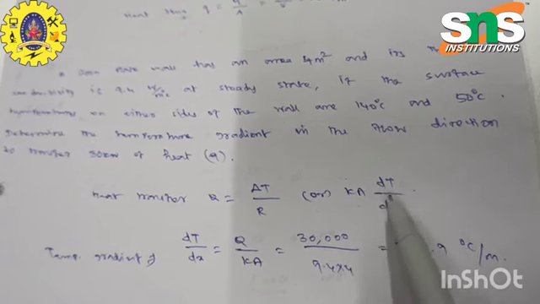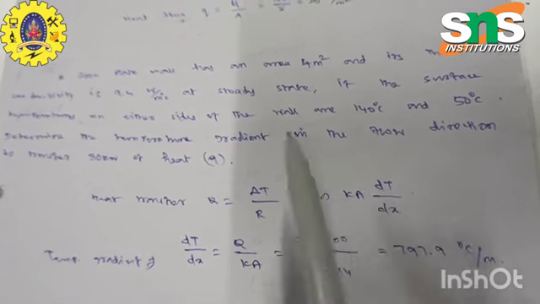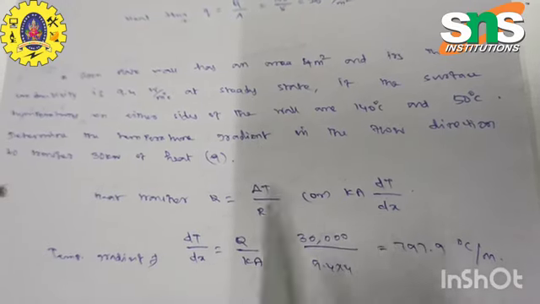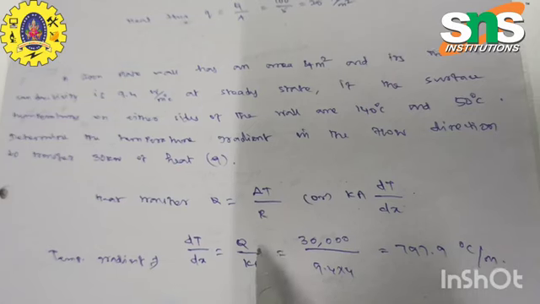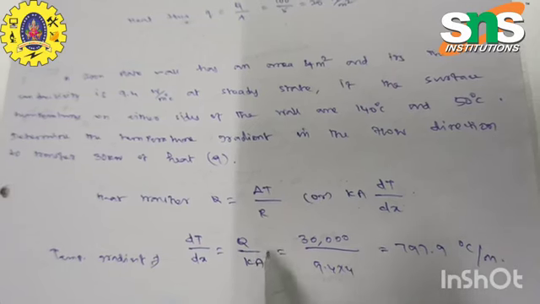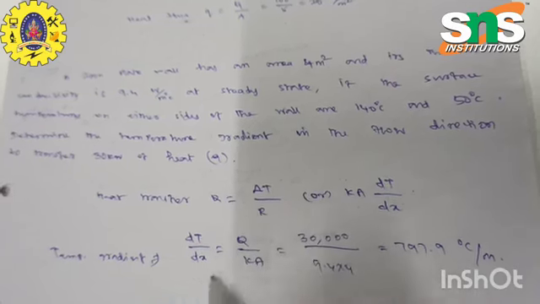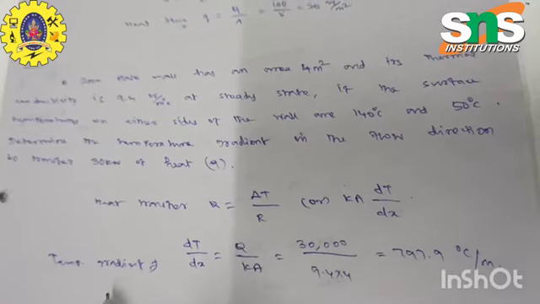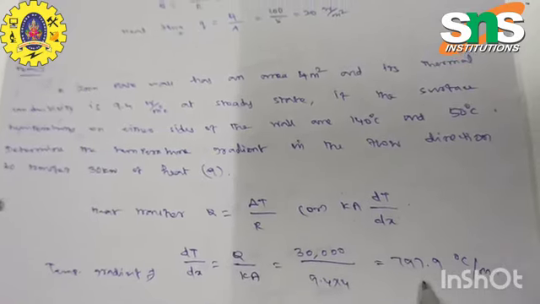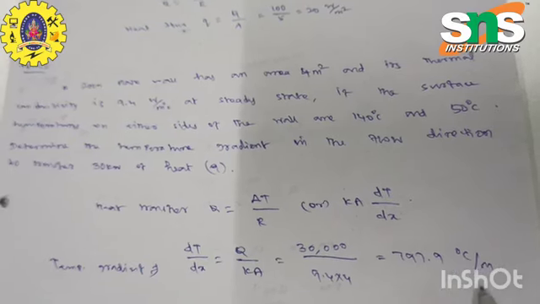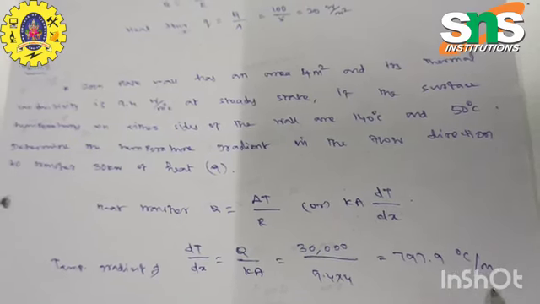We rearrange this equation to dT by dx equal to Q by KA and substitute all the given data values. Finally we get the temperature gradient for this problem as 797.9 degrees Celsius per meter. Thank you.